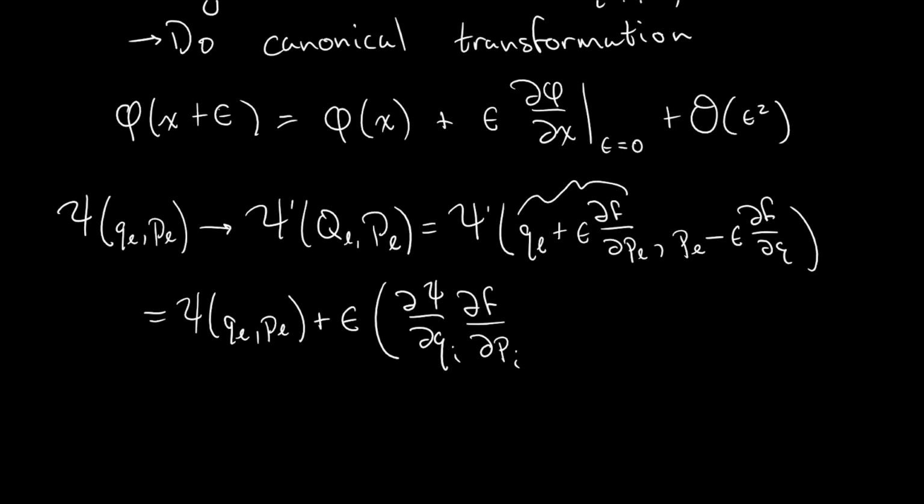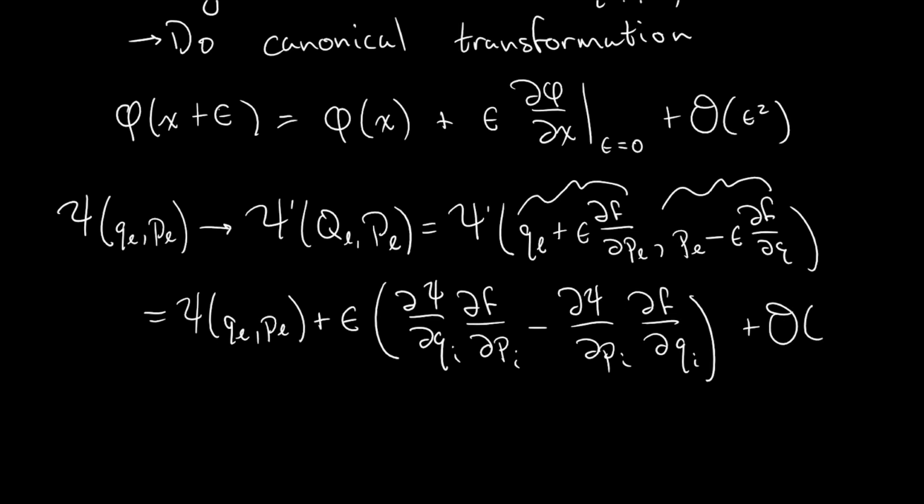Sum over indices, plus, actually minus, the part where I'm expanding in p. So this is d psi dp sub I, df dq sub I. And this is, of course, plus order epsilon squared terms.